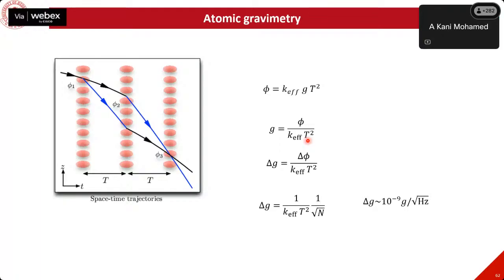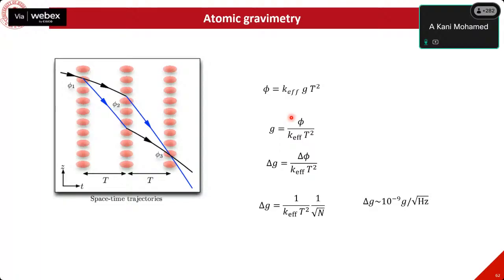But we need to ask, what is the sensitivity that we can achieve when we use this atomic interferometer to detect the gravitational acceleration? Okay. So the uncertainty is mainly in the phase difference.